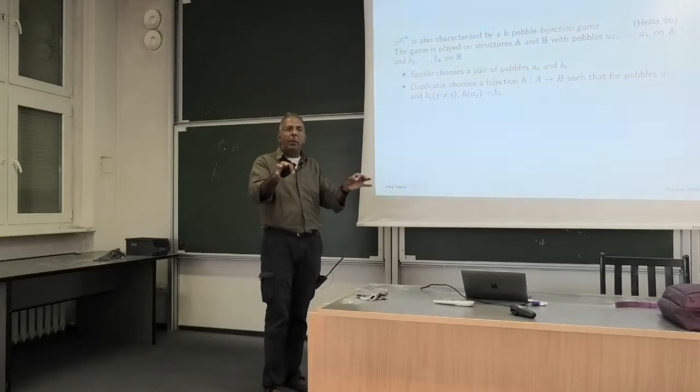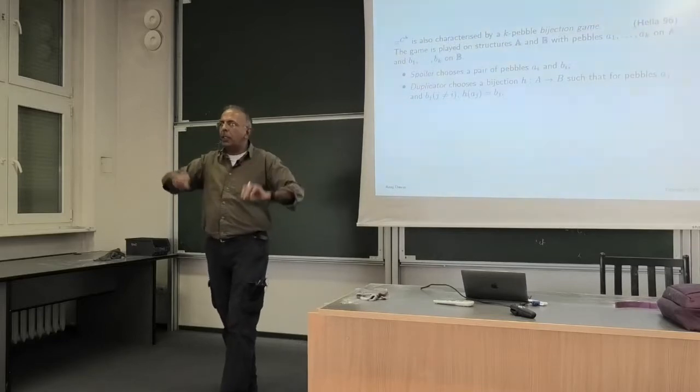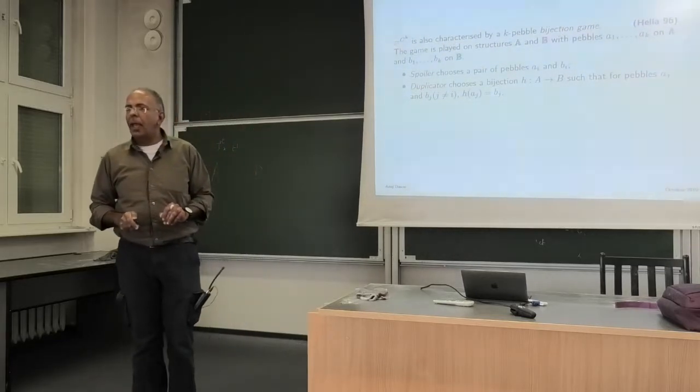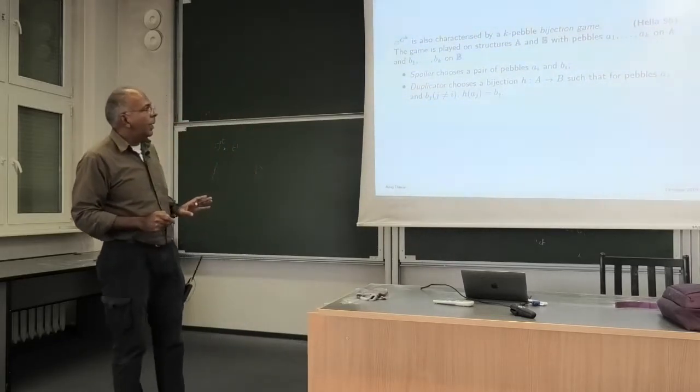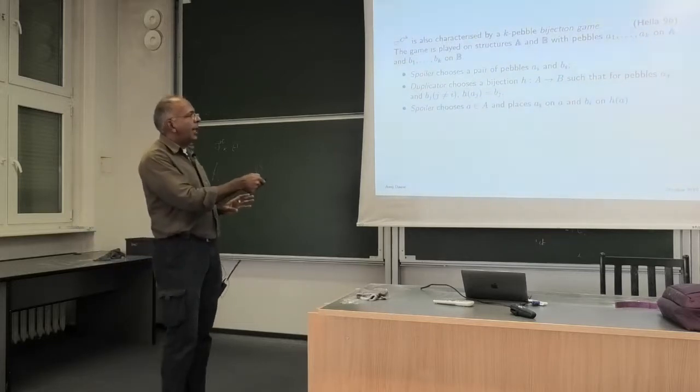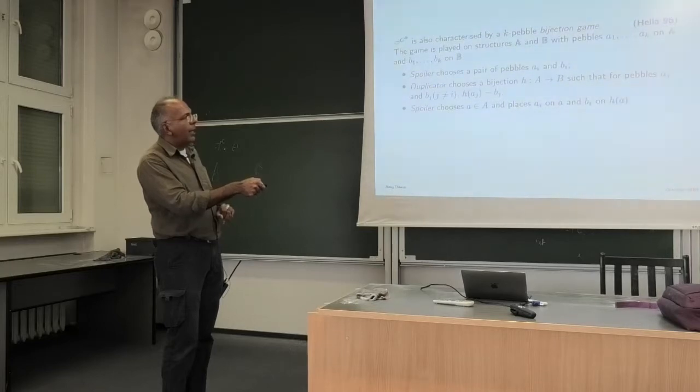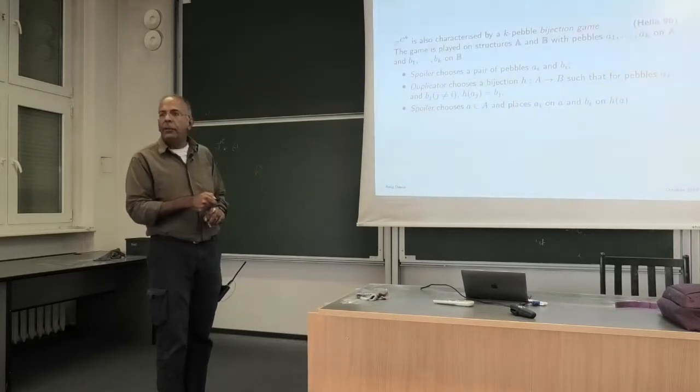So it preserves the current pebble position, but it can change everywhere else. Okay, and then Spoiler chooses an element of A, and Ai goes on that element, and Bi goes on its image under this bijection.